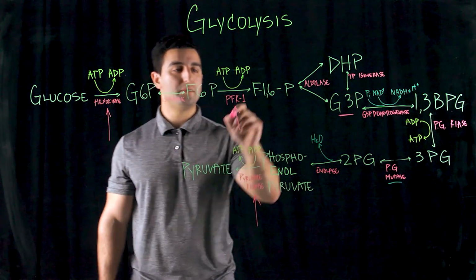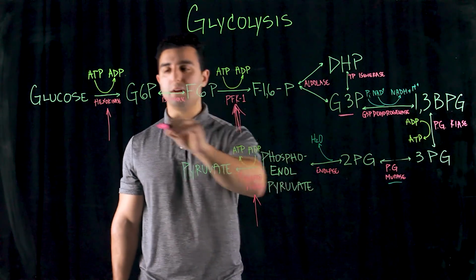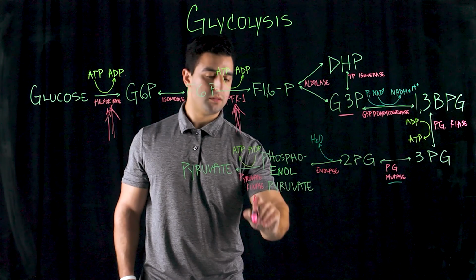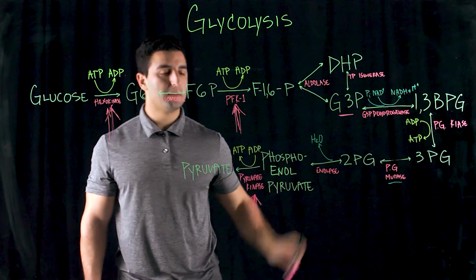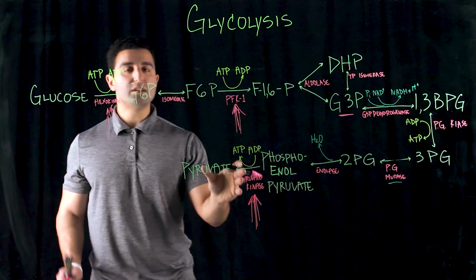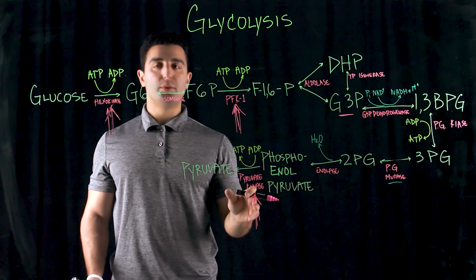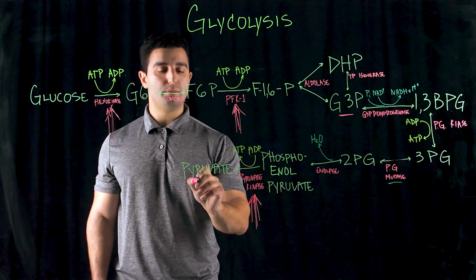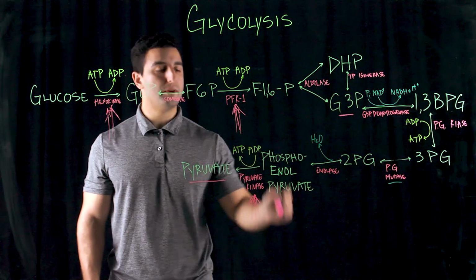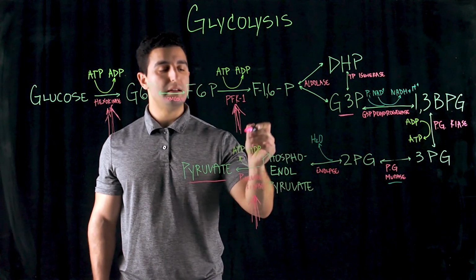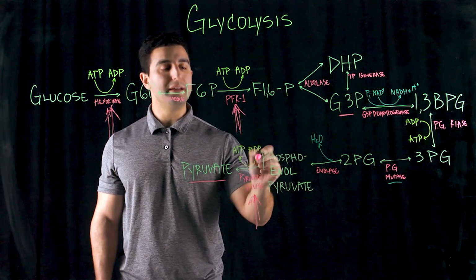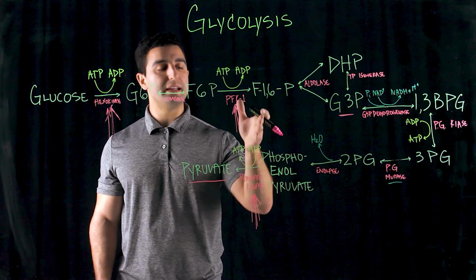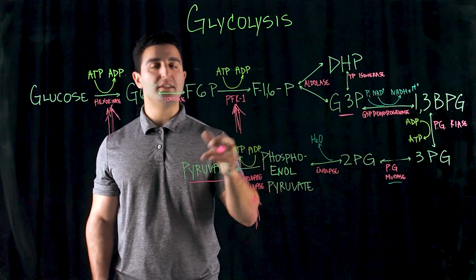So you have three of them. I'll make these very obvious. These are very important irreversible rate determining steps, where phosphoenolpyruvate gets converted into pyruvate, the final product we're looking for. And this is again by ADP coming in and removing this phosphate group, producing ATP.